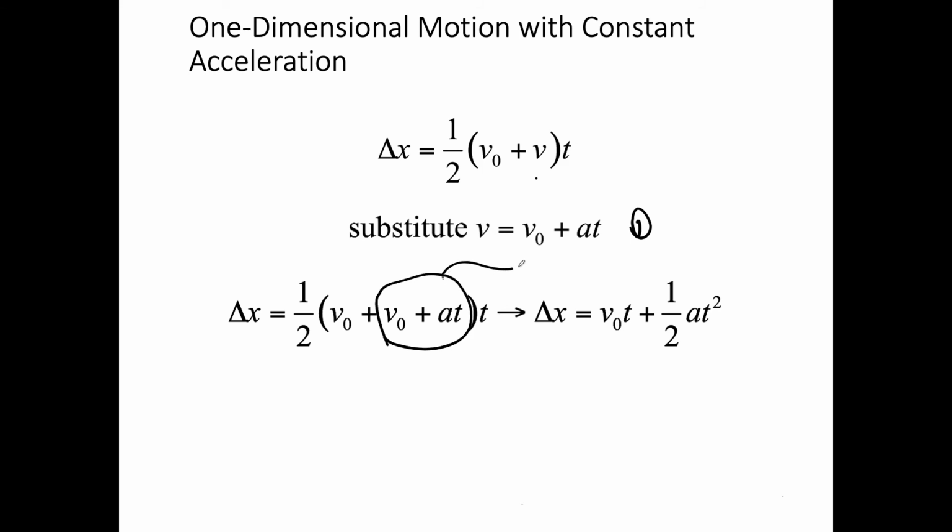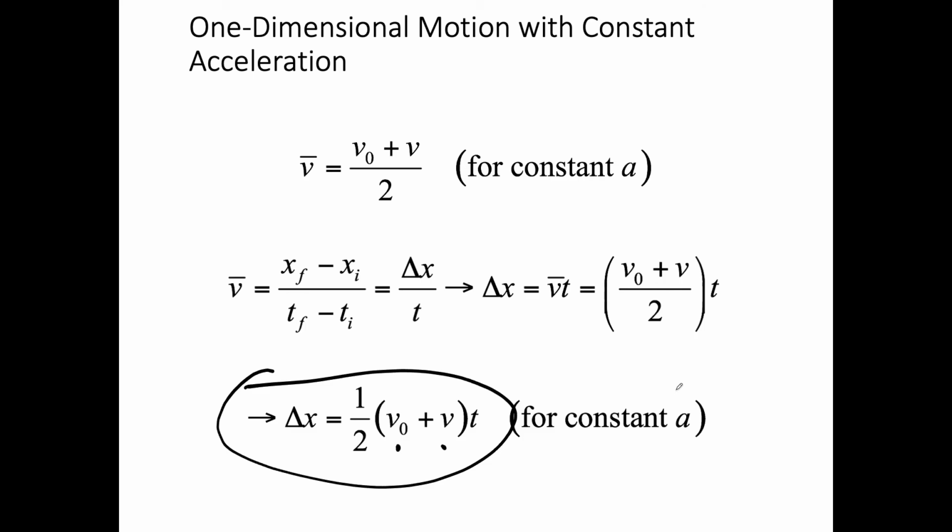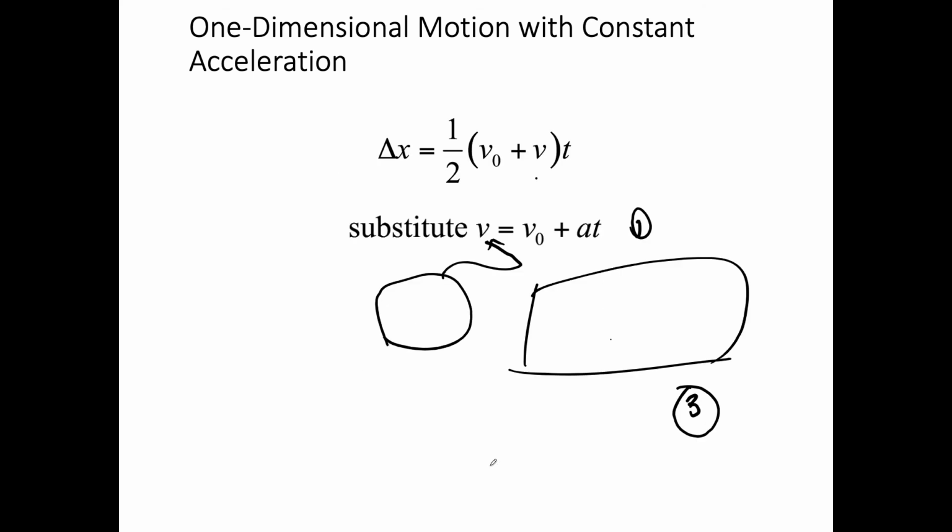And putting everything together, we find the displacement equals initial velocity times t plus 1/2 at squared. Let's call this one equation 3, and actually the previous one is equation 2.